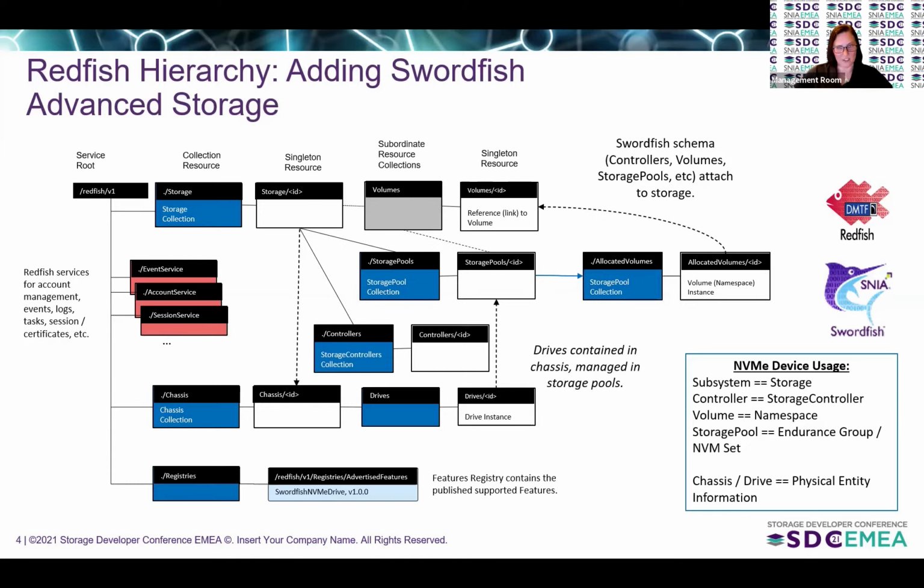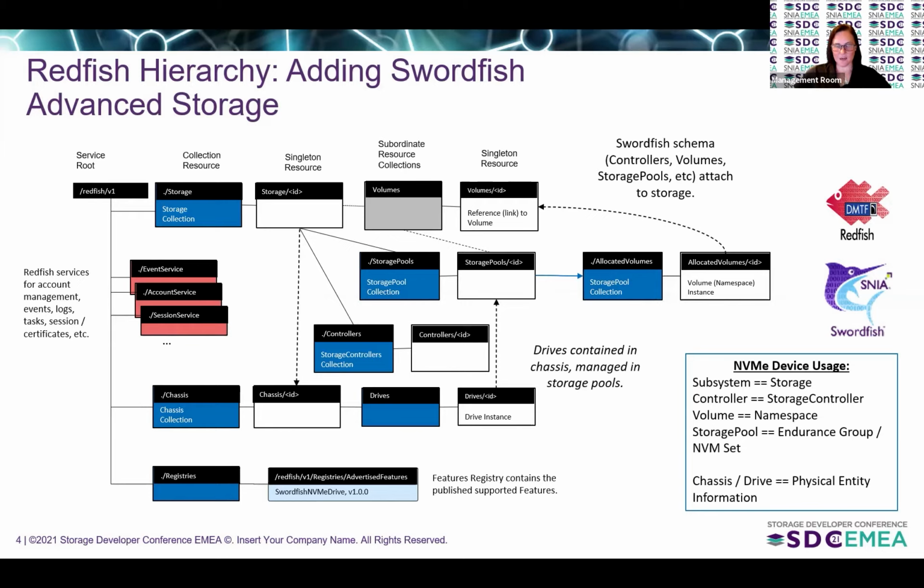For details on how all of this works and the exact mappings, we have created a document called the Swordfish Object and Mapping Guide. It's available at SNIA.org/swordfish and contains all of the details. It also includes all of the additional properties we added that are specific to NVMe. There are also NVMe-specific profiles that we have developed.